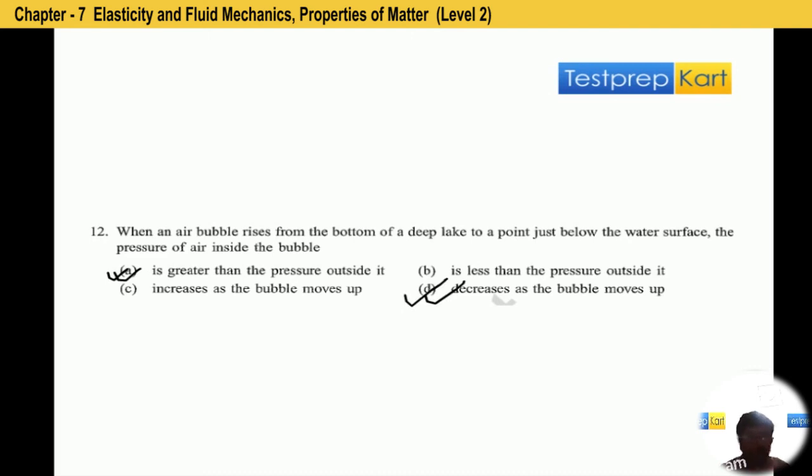Both can be possible. It decreases, that's why it is coming up, and when it reaches this level its outside pressure will be high. So both of the options are correct. Thank you very much. Have a nice day.